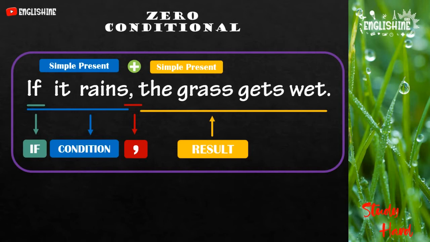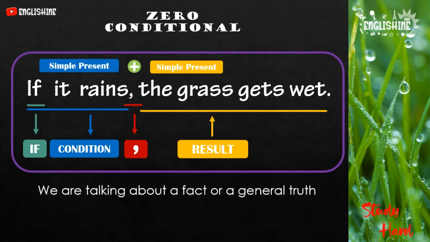That is why we used the zero conditional with the if clause or condition in the simple present tense, and the result in the simple present tense too, because we are talking about a fact or general truth.